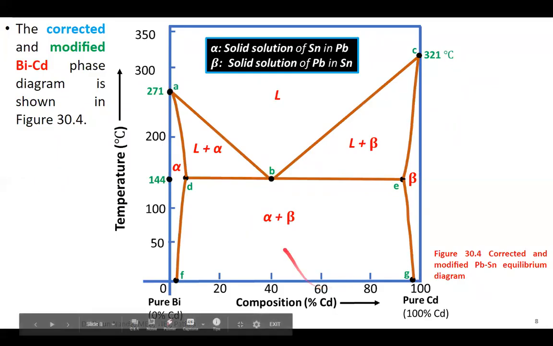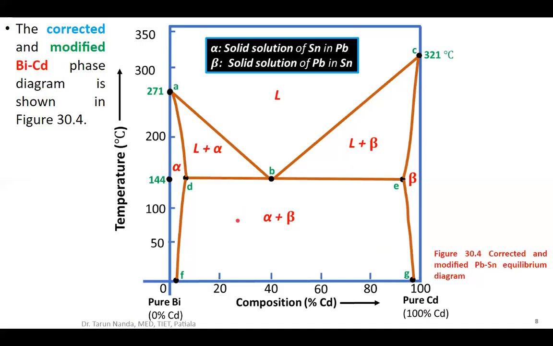And students, now again let us apply the Gibbs phase rule to check the validity of this diagram. Suppose you were at this temperature; if you change the temperature, you can disturb the value of the existing temperature and still the same type and number of phases exist. So temperature is a degree of freedom. But suppose when you were here, the phases existing were alpha and beta, alpha having this chemical composition and beta having this chemical composition.